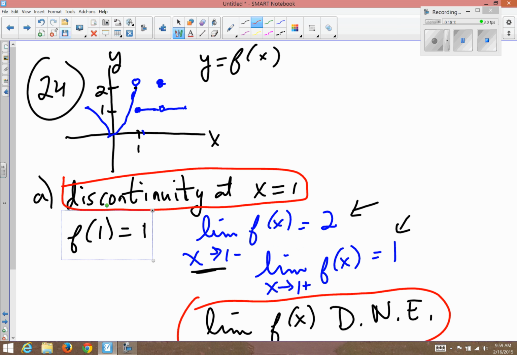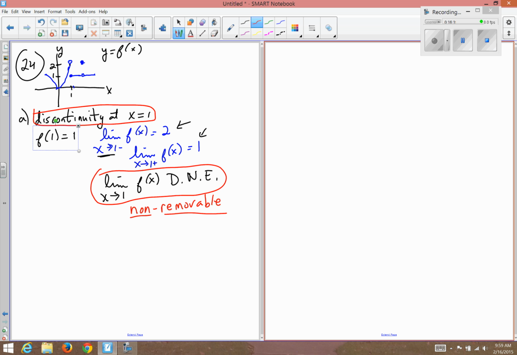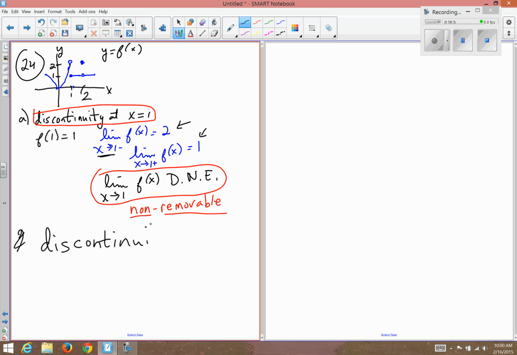Part B, or actually we're still on part A. There's another discontinuity. It's going to be at 2. There's a discontinuity at x equals 2 because f of 2 does exist.